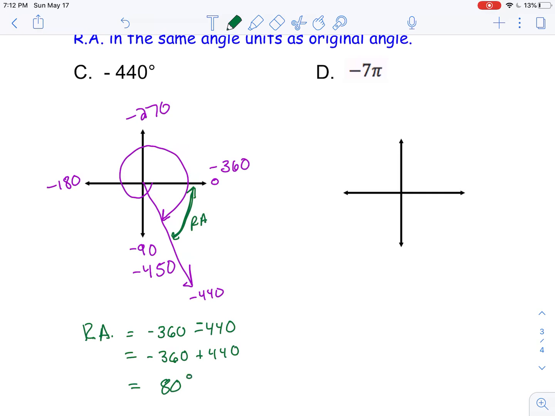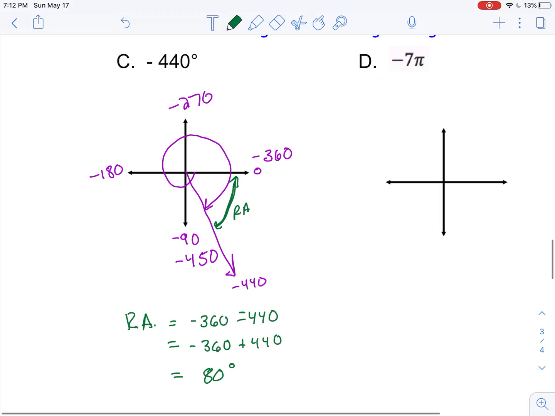So my reference angle here was 80. To find the reference angle in the fourth quadrant going in the negative direction, the reference angle is negative 360 minus my theta. So that's what I did here.